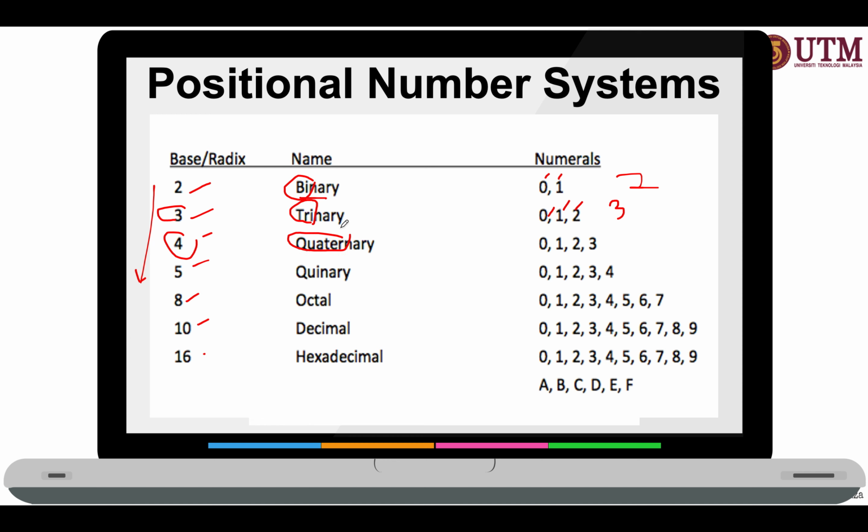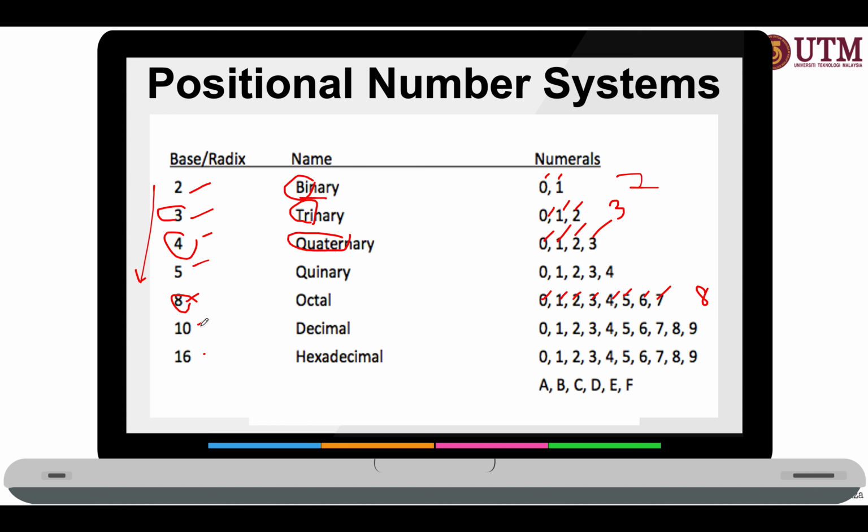And then for 4, which is quaternary, in science and also mathematics, we have 0, 1, 2, 3. Then we have octal, which is 8. We have 0, 1, 2, 3, 4, 5, 6, 7, and the total is 8 because it is base 8.